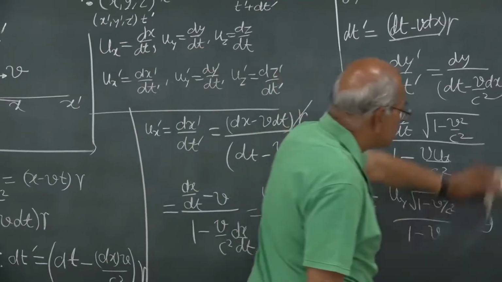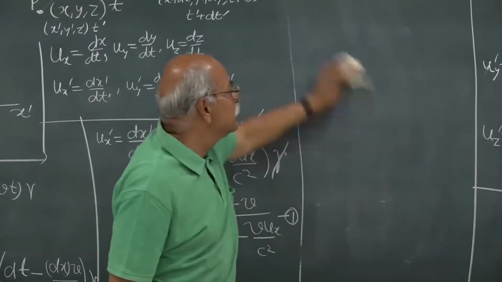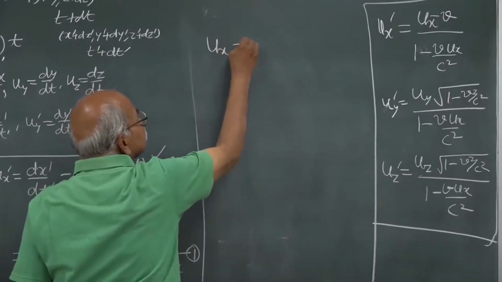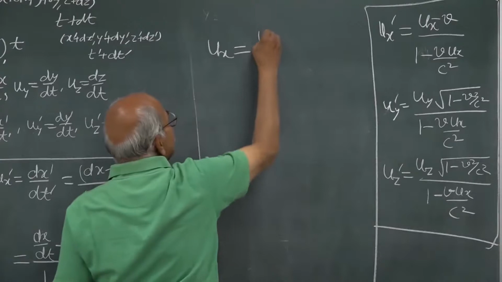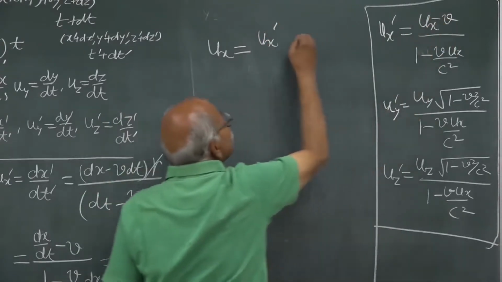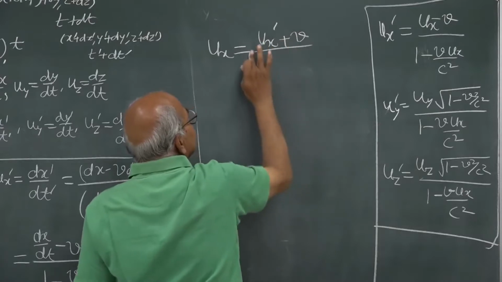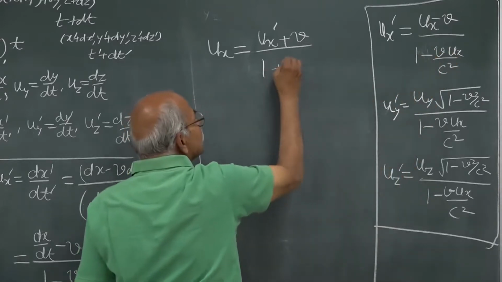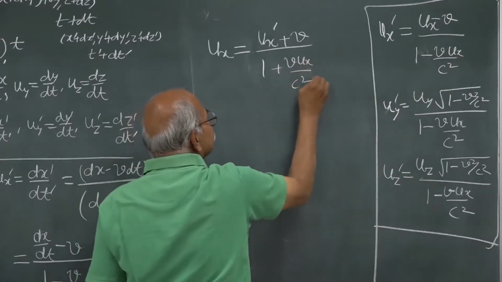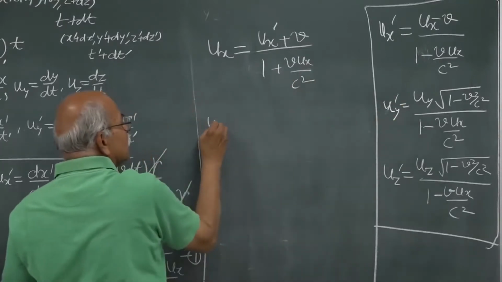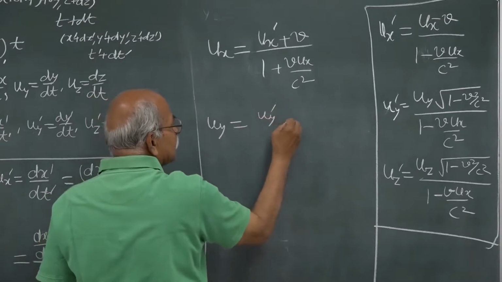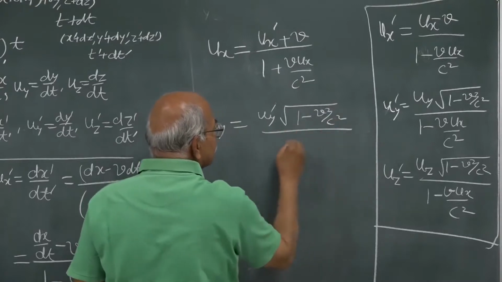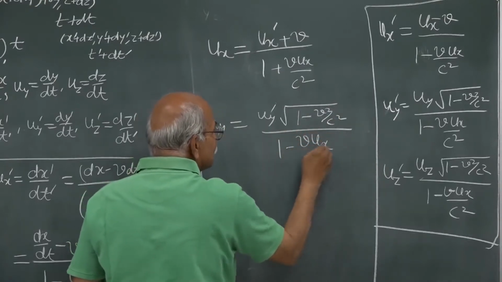In place of ux prime you write ux, and in place of ux you write ux prime, and minus v becomes plus v, and in the denominator 1 and minus v becomes plus v. So it is plus v ux by c square, and similarly uy is equal to uy prime square root 1 minus v square by c square divided by 1 plus v ux by c square.